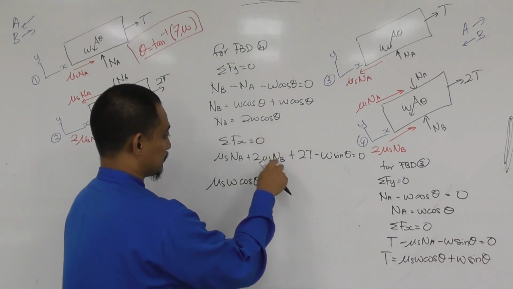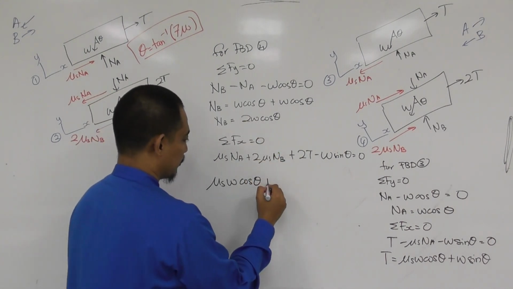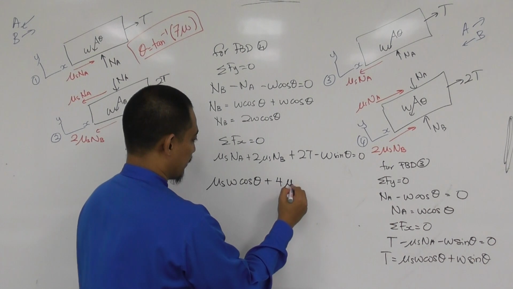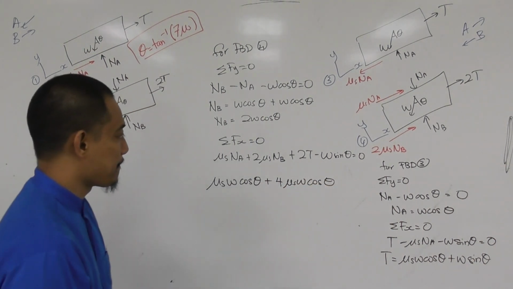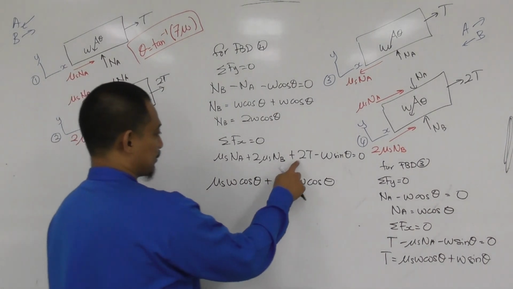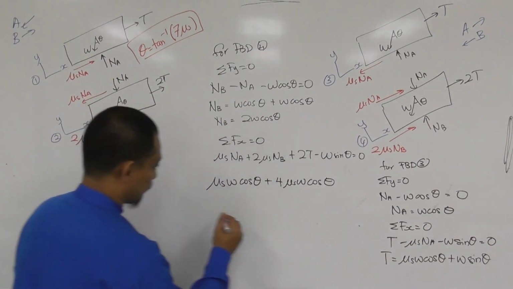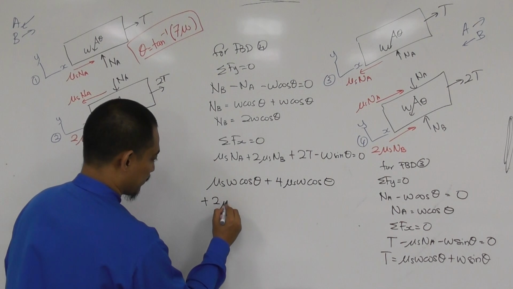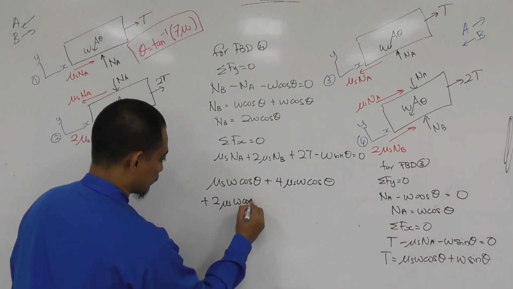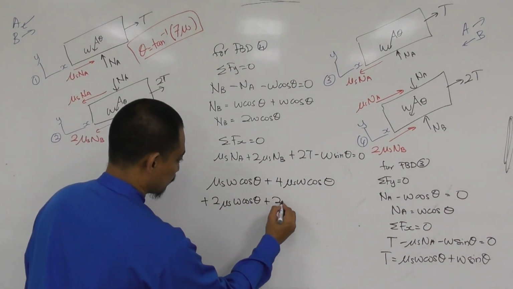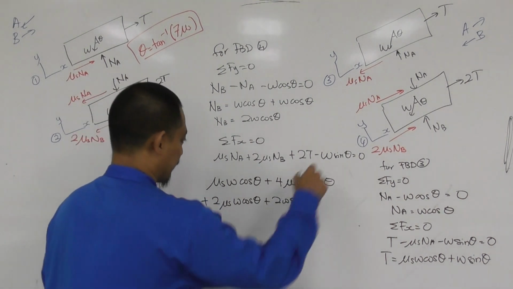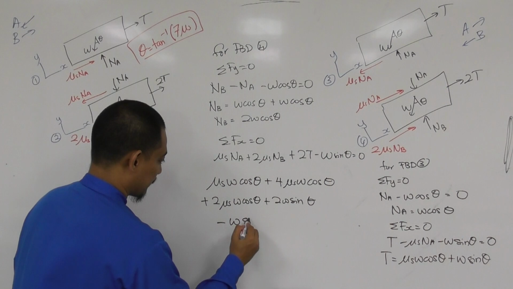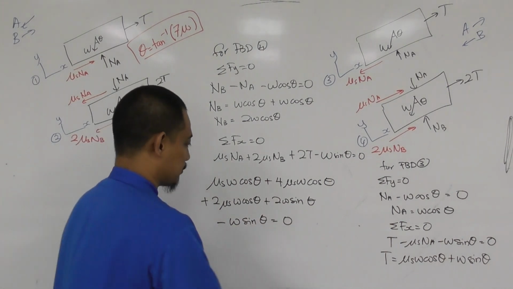So plugging in here, we have 2 here, so plus 4 mu s W cos theta. And then plus 2T. T is the whole thing there. So plus 2 mu s W cos theta plus 2W sin theta, and then minus W sin theta equal to 0.